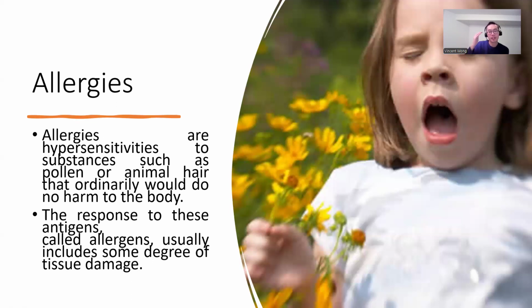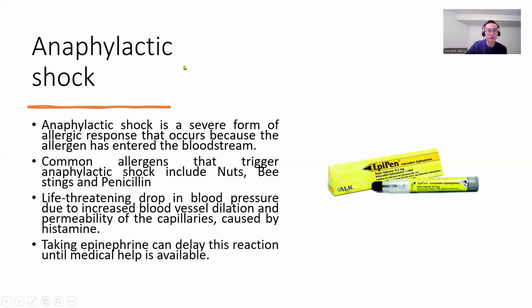If it's a mild case, it would just be annoying, okay? But in some cases, it could be life-threatening, right? Because certain things can trigger really extreme reactions in some people. Things like nuts, bee stings, or even medication like penicillin can trigger what's called anaphylactic shock.